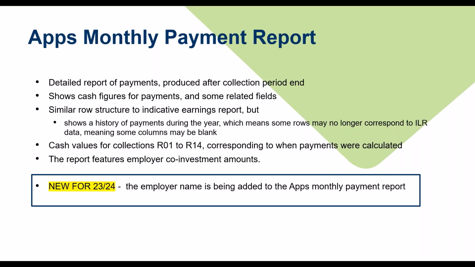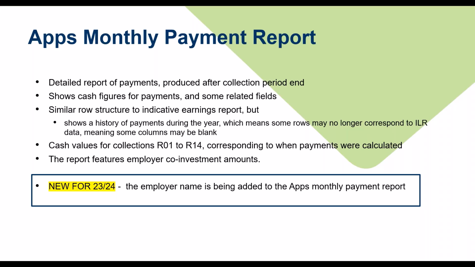What's key to understand here is that you may say you've missed a learner out of your ILR submissions for 3 or 4 months of the funding year. Those earnings will obviously still be laid out across the individual months of the indicative earnings report, but in the apprenticeship monthly payment report, if you're paid, they will all appear within 1 month.